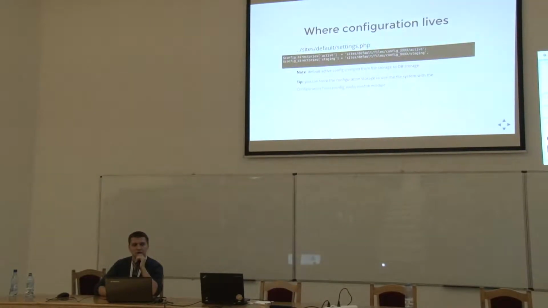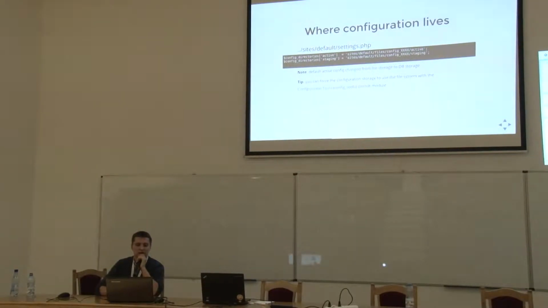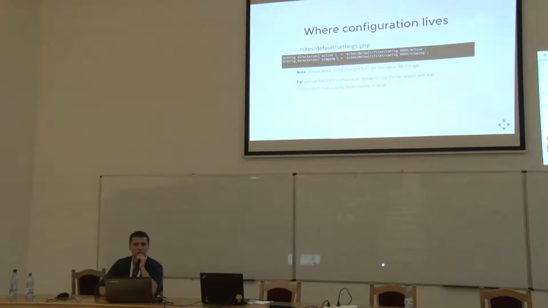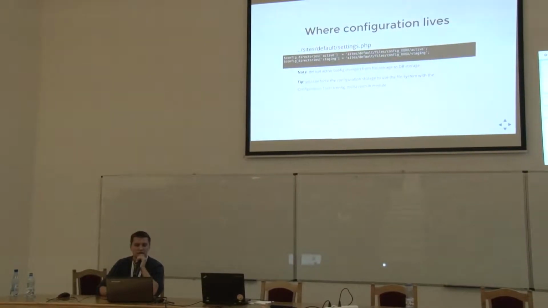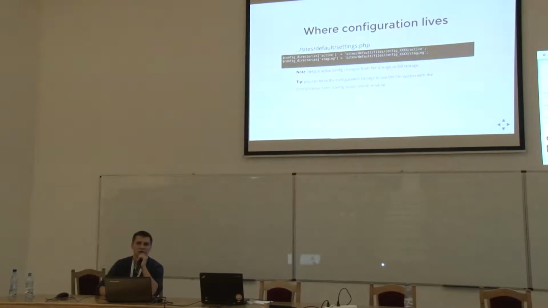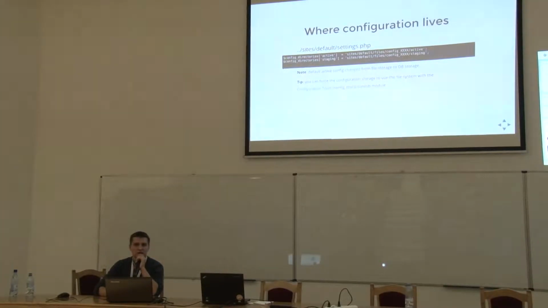The config directory contains the information for active and staging. The active and staging will be a simple folder under the site's default files, config underscore and a hash. This hash will be different for any installation.